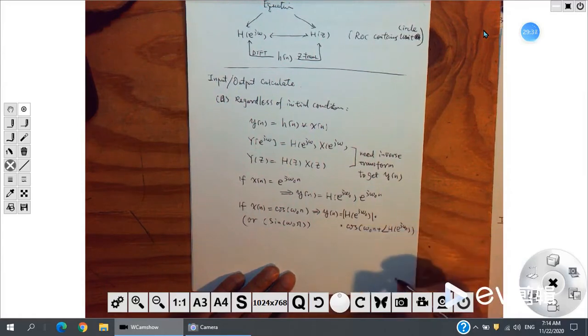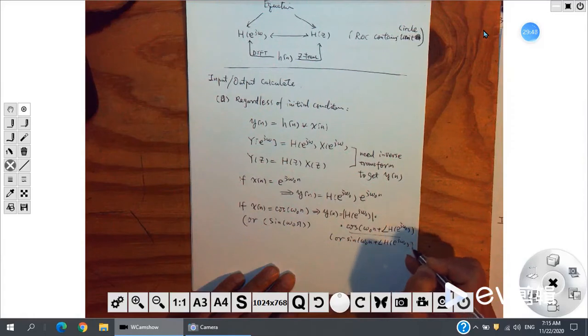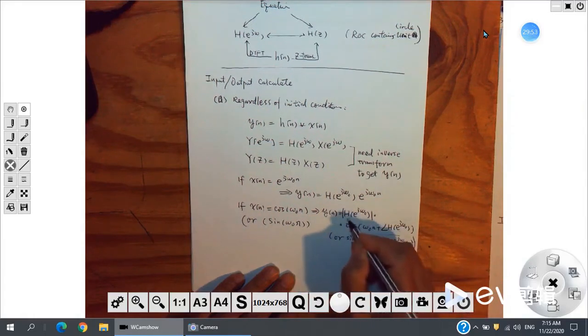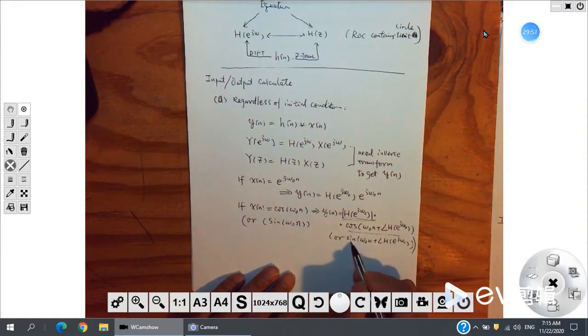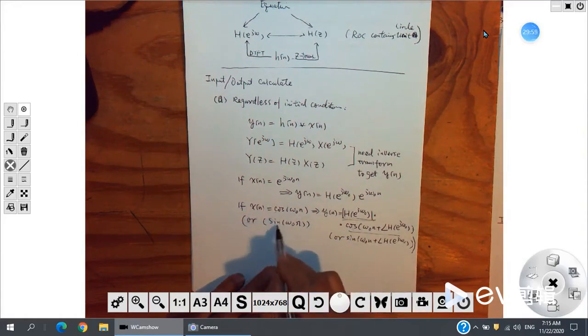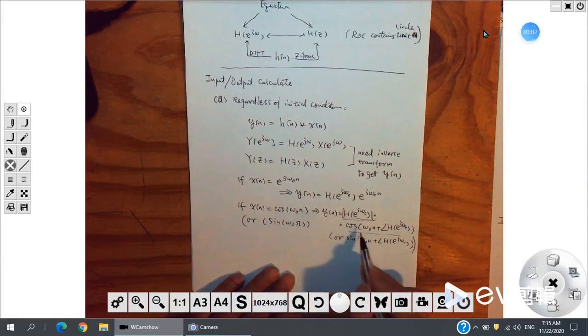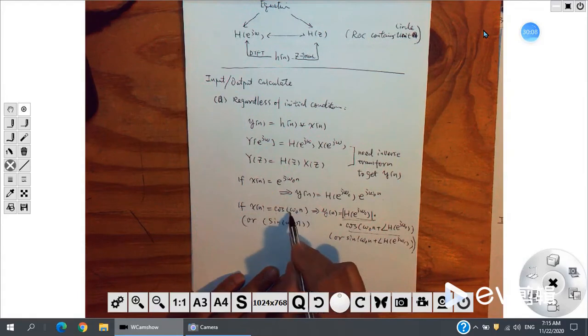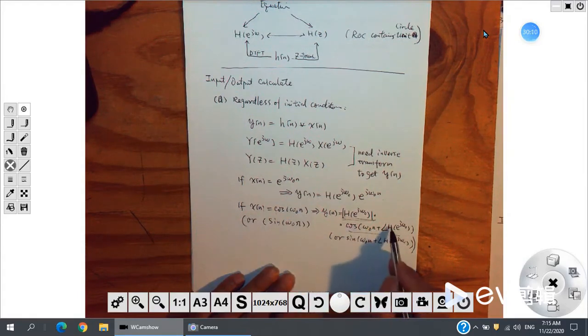Or this cosine replaced by sine. The magnitude is the same, just cosine changes to sine. If the input is a sine, then here is sine. If cosine, it is cosine. And inside the cosine or sine, it is the same frequency omega 0 times n, then plus the phase angle.